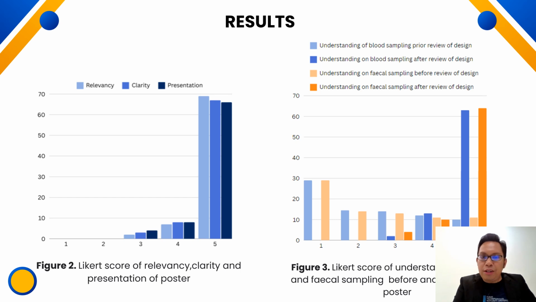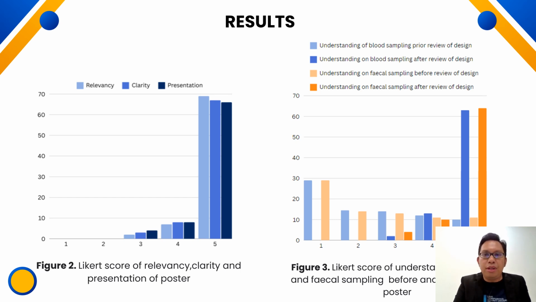Figure 3 is a Likert score of understanding of blood and fecal sampling before and after reviewing the poster. Figure 3 shows that 10 respondents strongly agreed that they had a thorough understanding of the anatomical site, equipment required, and procedure of blood sample collection in goat and cattle before reviewing the poster.